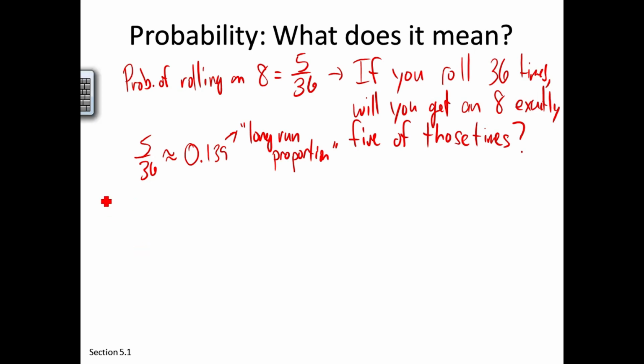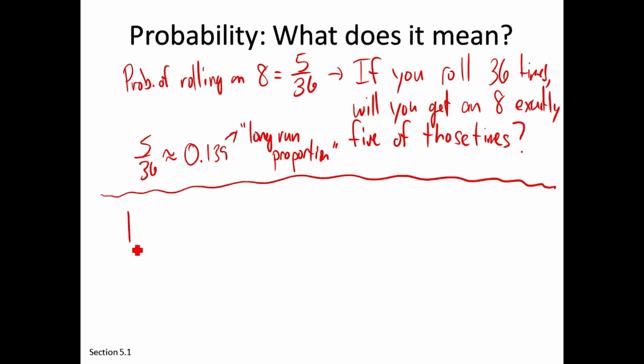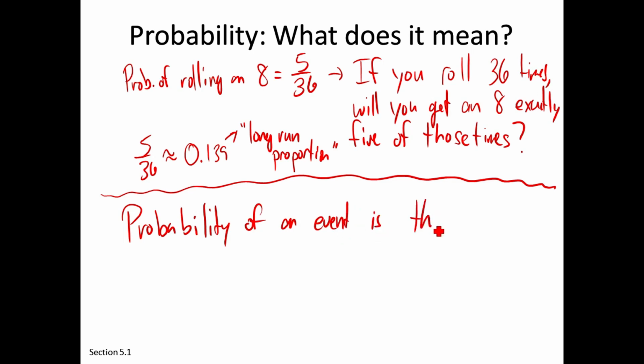So the probability of an event is the proportion of times it will occur in the long run.